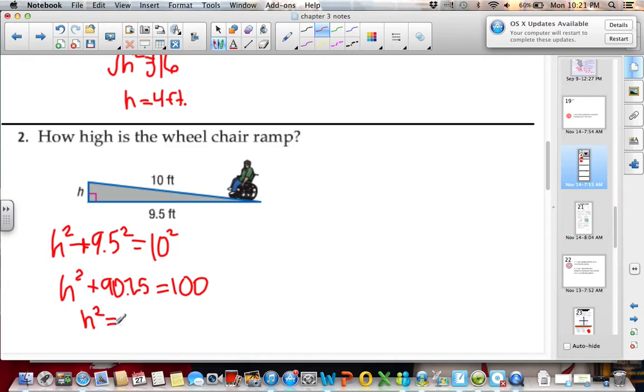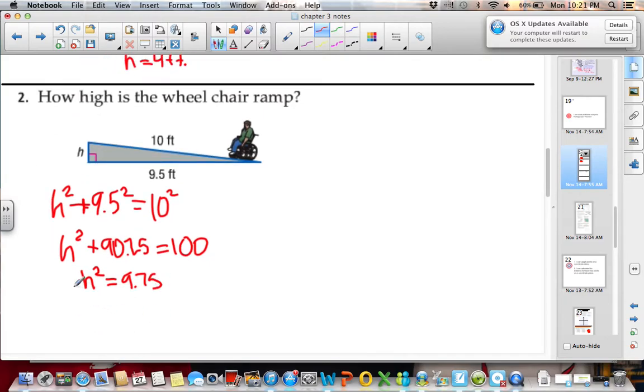H squared equals, because this time I'm going to subtract 90.25 from both sides, so 100 minus 90.25 equals 9.75. And then I take the square root, and it is a good habit to keep following all the steps so you don't accidentally forget, or just say, oh, h is 9.75. Nope, you have to remember to go all the way down until you have h alone.